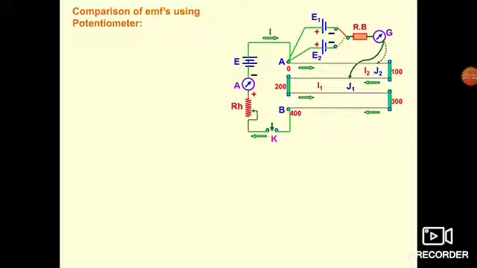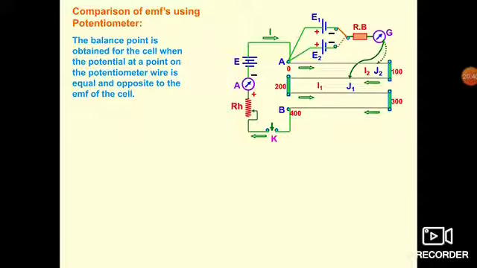It is also connected with the same resistance box and the same galvanometer, and suppose it is touching the position J2 of the potentiometer. That means J1 is giving the no deflection point of E1 and J2 is giving the no deflection point of E2. The balance point is obtained for the cell when the potential at a point on the potentiometer wire is equal and opposite to the EMF of the cell.